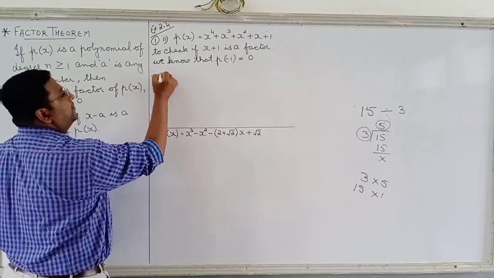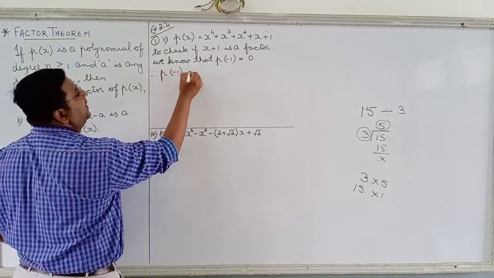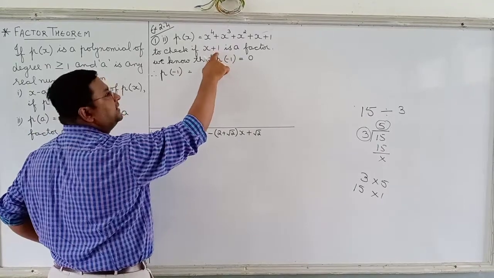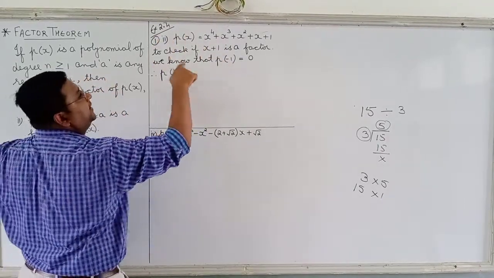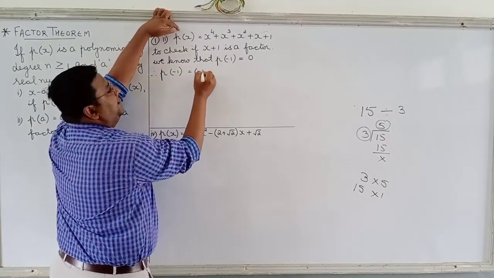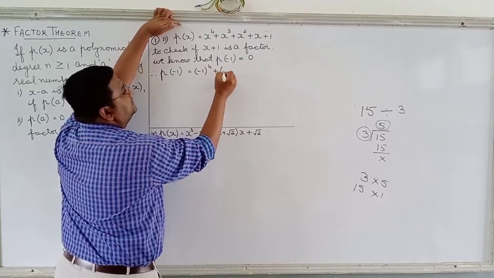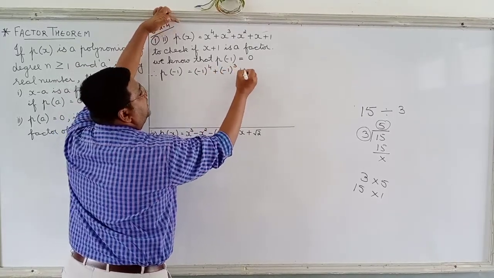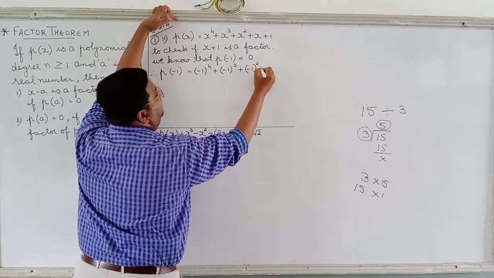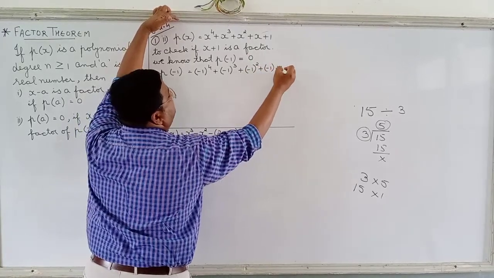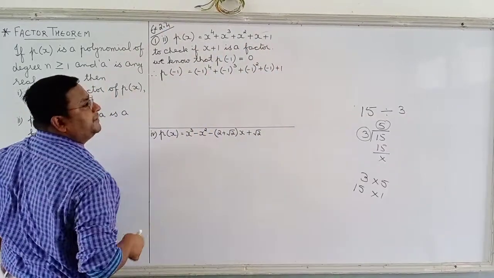So p of minus 1 is minus 1 raised to the power 4 plus minus 1 cube plus minus 1 square plus minus 1 plus 1. We did it previously.